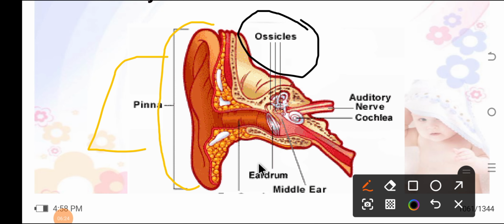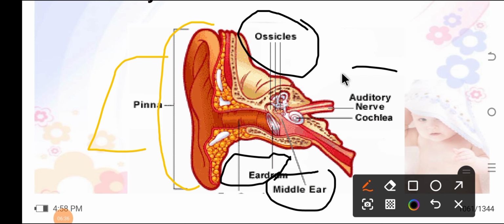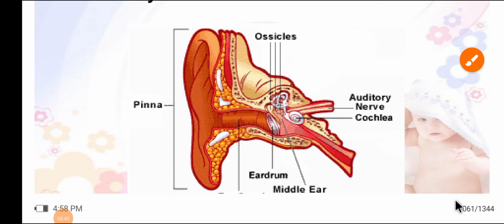And this here is the eardrum. This is the middle ear. This is the auditory nerve and cochlea. These are all things that I hear with.